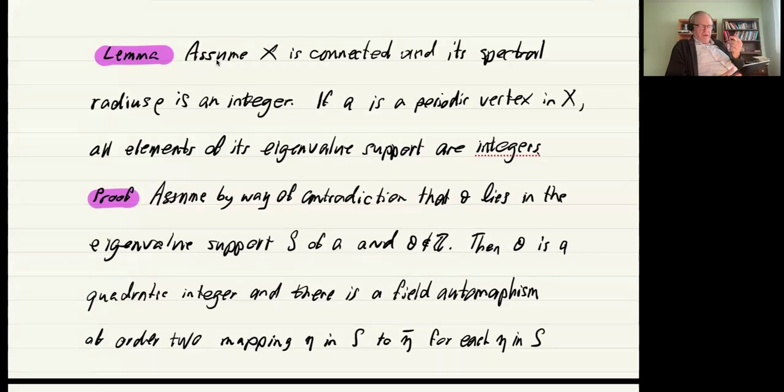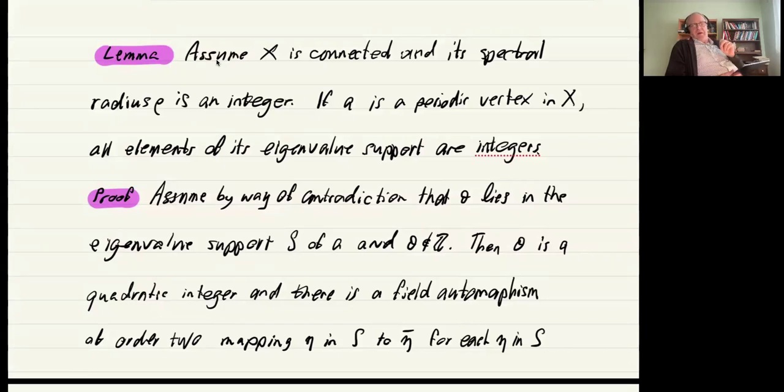You've got a quadratic integer. Quadratics have 2 roots, so those 2 roots are conjugates. So there's a field automorphism which maps theta to its conjugate. I'm going to denote the conjugate by theta bar, which confused me no end when I was going through the notes earlier. It looked like a complex conjugate, but it's not a complex conjugate.